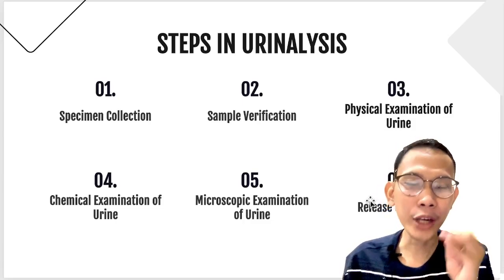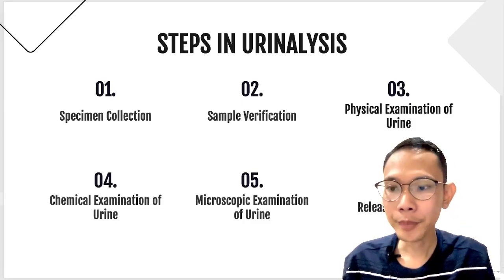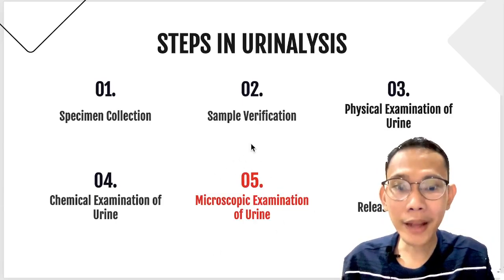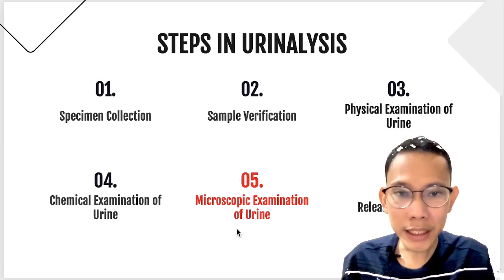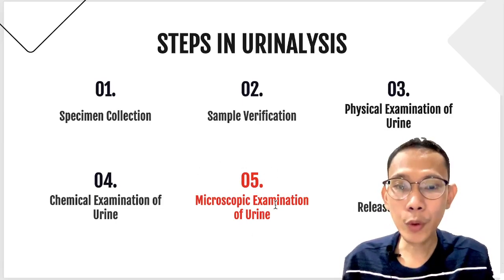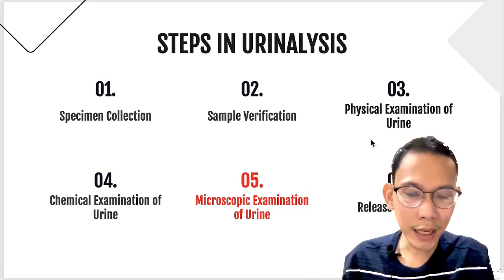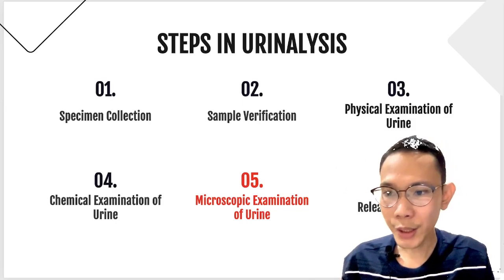So, what is the correct way of making the report? Our discussion is still part of the microscopic examination of your urine, because you cannot read and report without doing the microscopic exam. If you are able to accurately make a result, then that's the time that you can release your result.